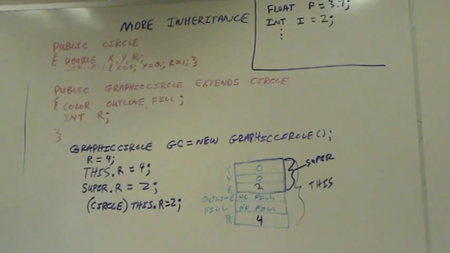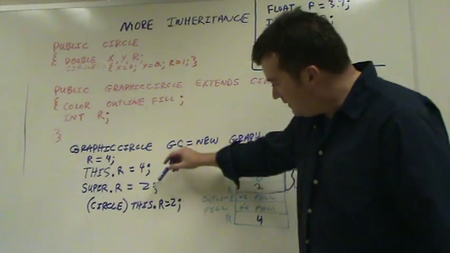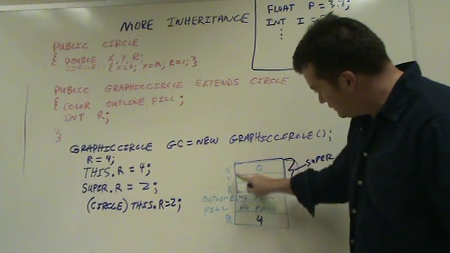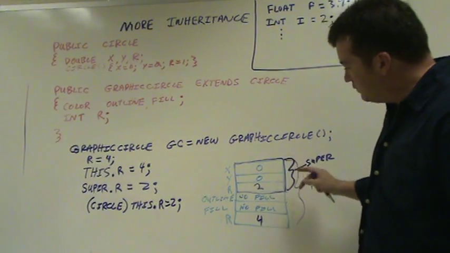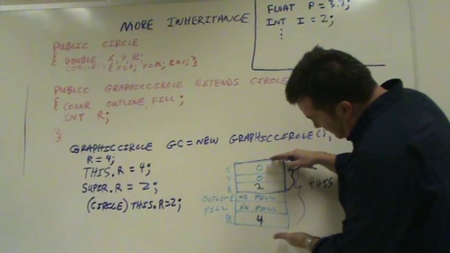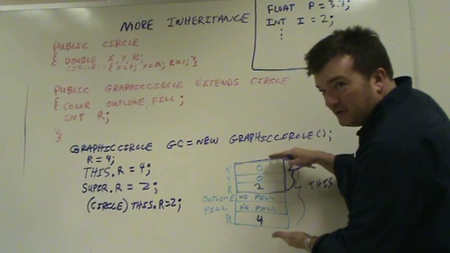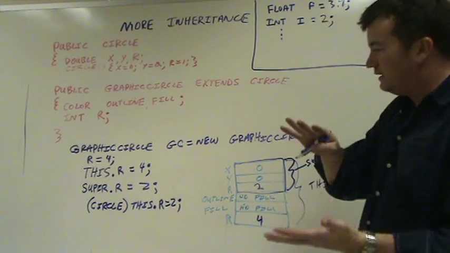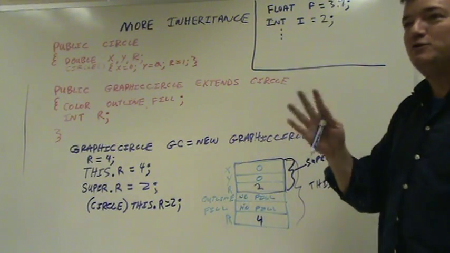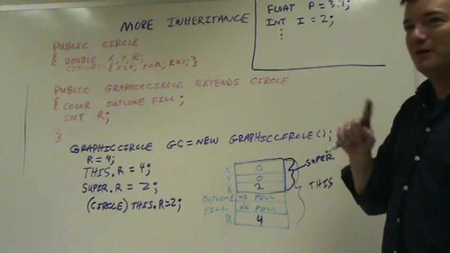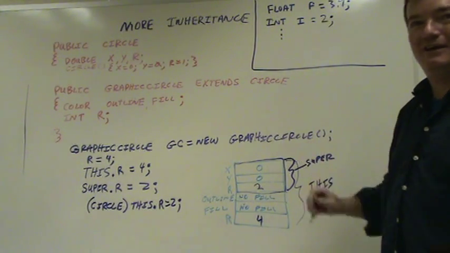This would syntactically work. So we're taking this reference, that refers to this whole thing, and then we're saying take this object, which is of type graphic circle, and convert it into a circle. Now, would you allow that conversion, or would you say, I can't figure out what you're doing?